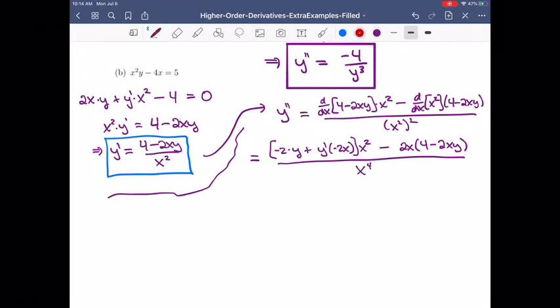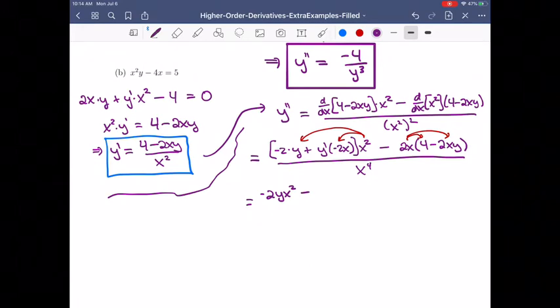So I'm going to expand these things so that I can simplify. So I'm going to have negative 2yx squared minus 2x cubed times y prime minus 8x plus 4x squared y.